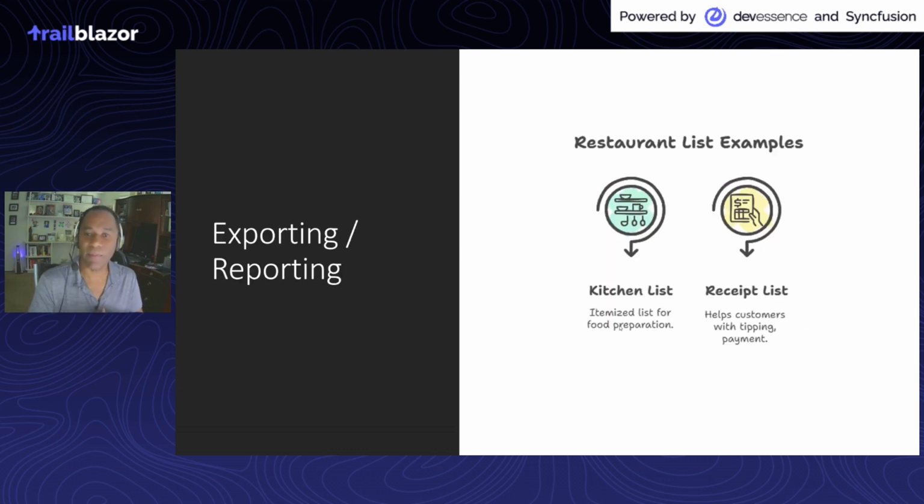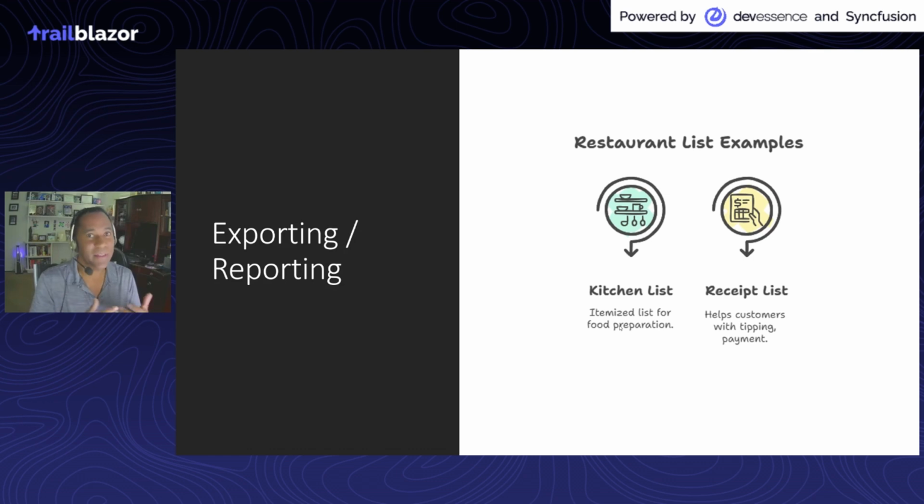Now let's look at the exporting part. So let's go back to the restaurant, the pencil and paper. Once someone says, okay, here's the task for this person, and gives that sheet of paper to that person, that is in a way some sort of export, or you could call it a report. Here's another report that you get at a restaurant.